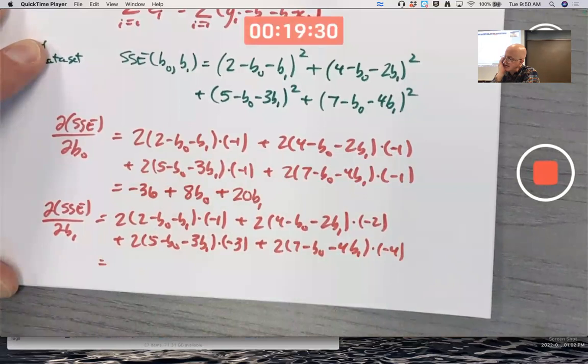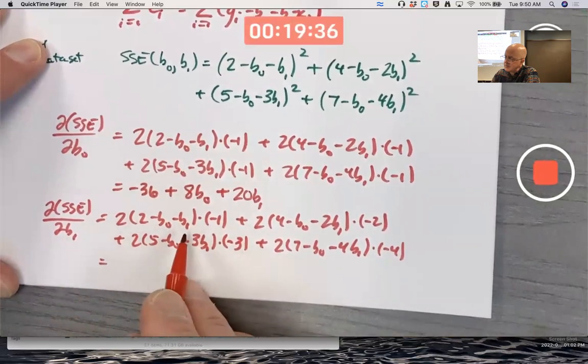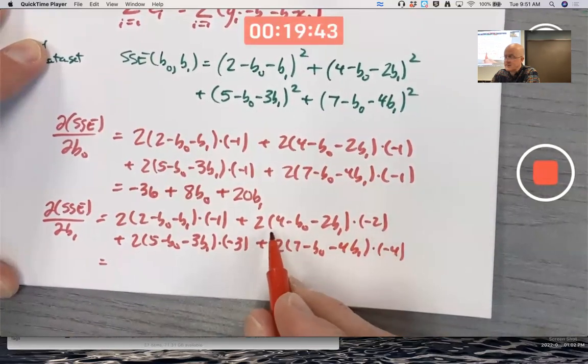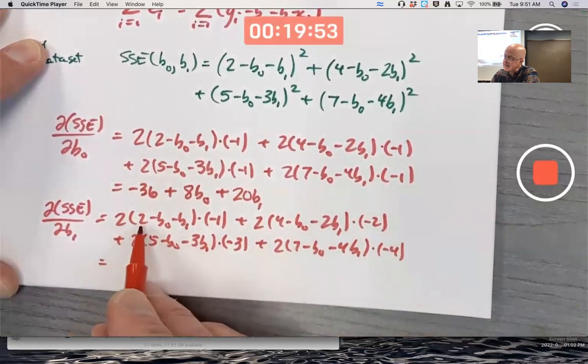Okay, so the constant terms, they're all going to be different. The constant term you'll get here, you'll get -2. And then careful here, a -16 with this one, 2 times 4 times -2. Thank you, -4.